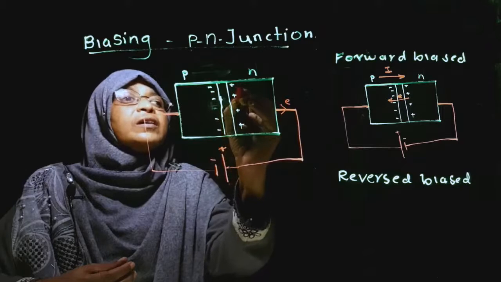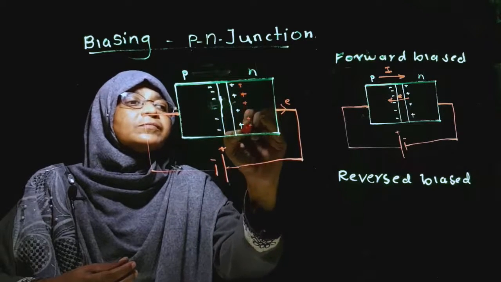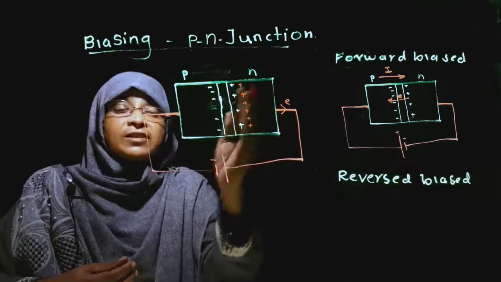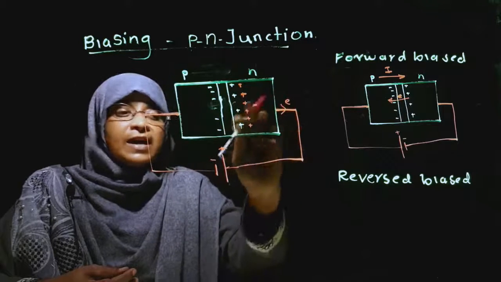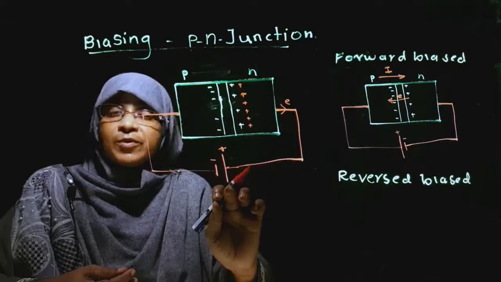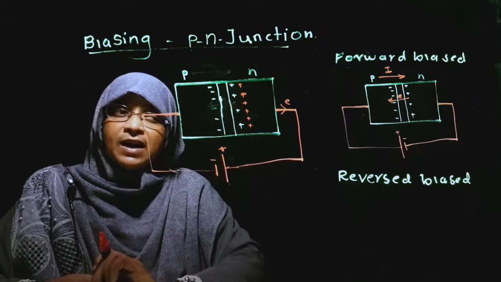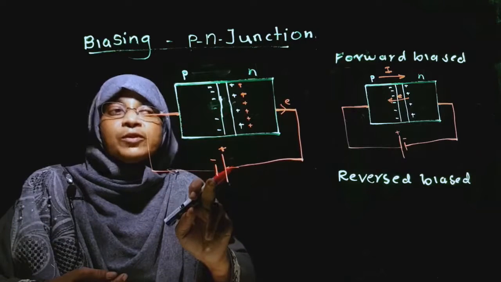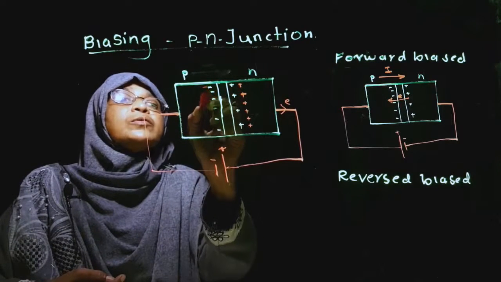So in this side, these holes increase. As electrons are attracted by this positive potential, holes move to this side. At the same time, holes in this side are attracted by this negative potential, and also move to this side.